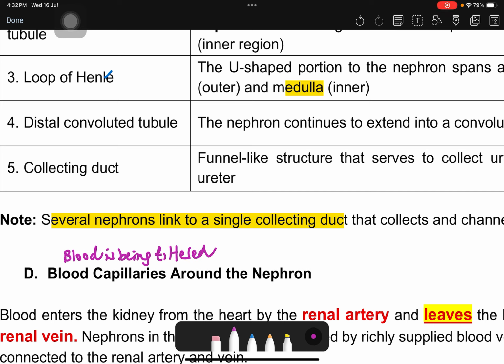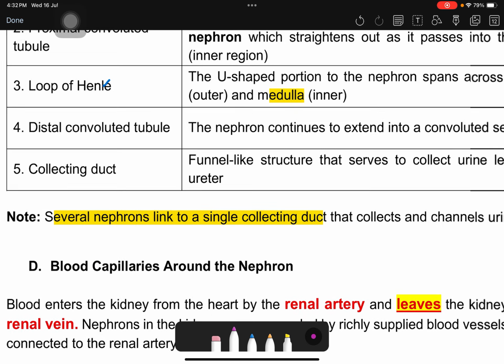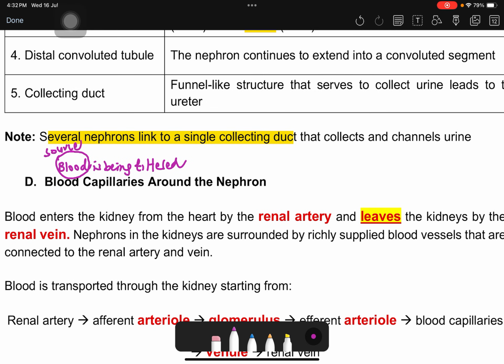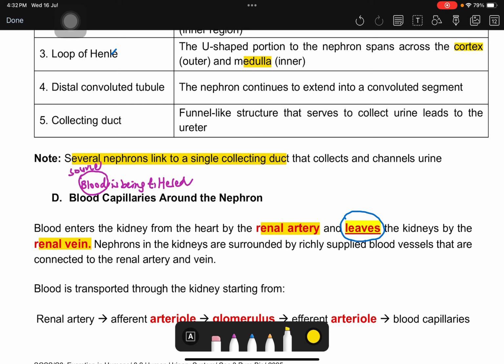So this is the source that the nephron depends on to do the necessary. What happens is the blood will first enter the kidney from the heart through the renal artery. Apologies, please include this missing word in your notes. And the clean and filtered blood will leave through the renal vein.